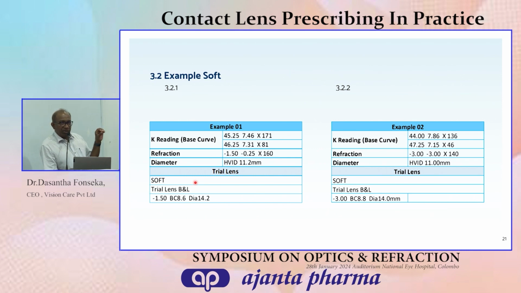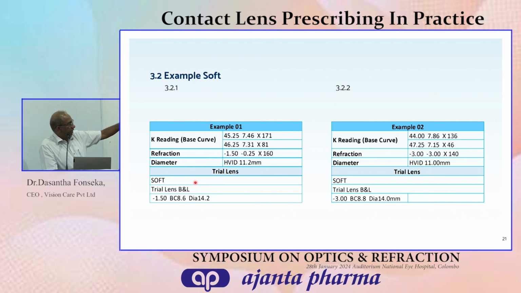In the soft lens, we need to have full coverage; that is why we go for 14.2. The flattest curve here is 7.46, so we add 0.2 millimeters, and we choose 8.6. Usually in the trial sets we have minus 3, but in lower cases sometimes we have minus 1.5.